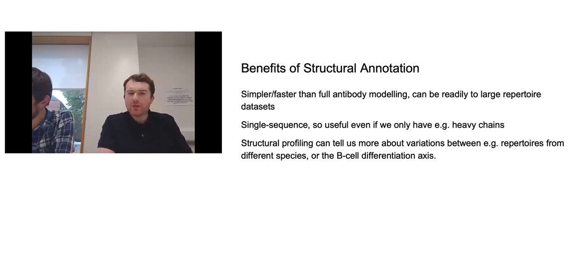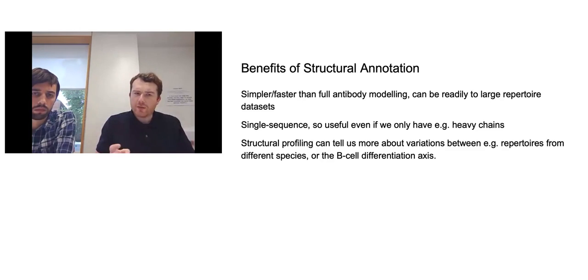And one of the really cool things about this that I'm going to talk about in detail now is when you can achieve structural annotation of an entire BCR repertoire, or indeed multiple entire BCR repertoires, you can then start to look at how they group together across the repertoires, and infer things about variations between different species or at different stages along the B cell differentiation axis.